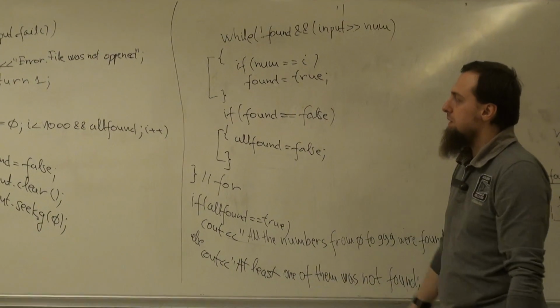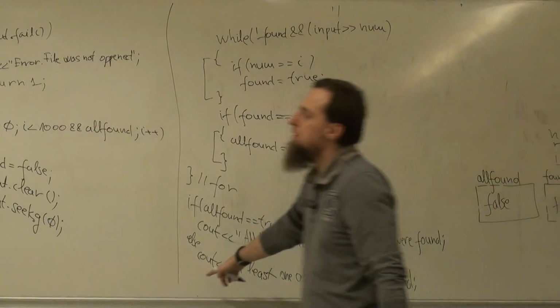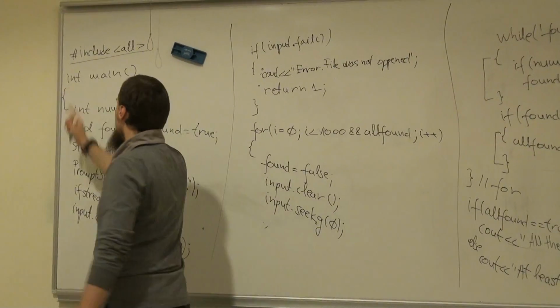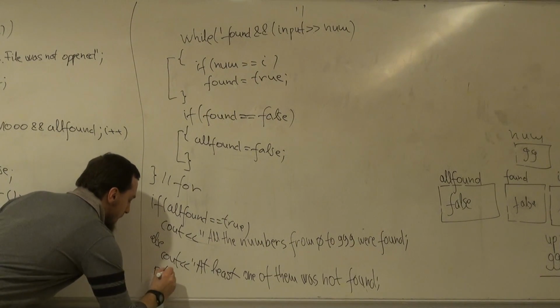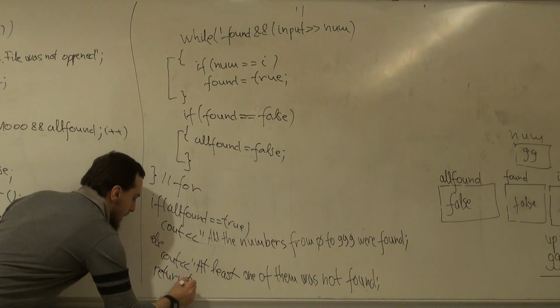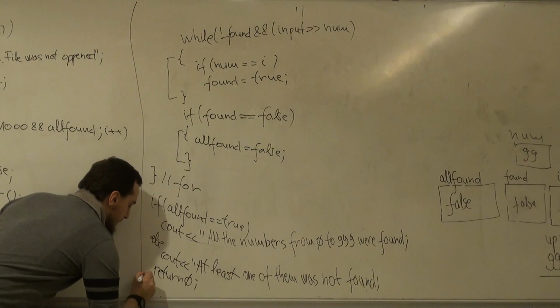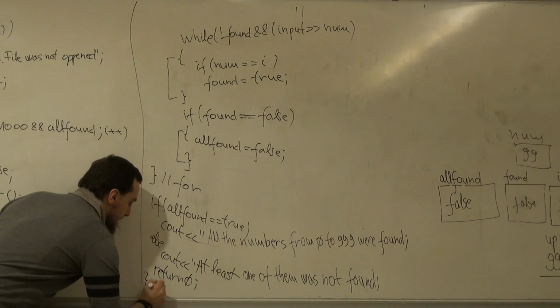This is it. I might return 0 now for this integer here, and main finishes. Return 0. And this is for main.